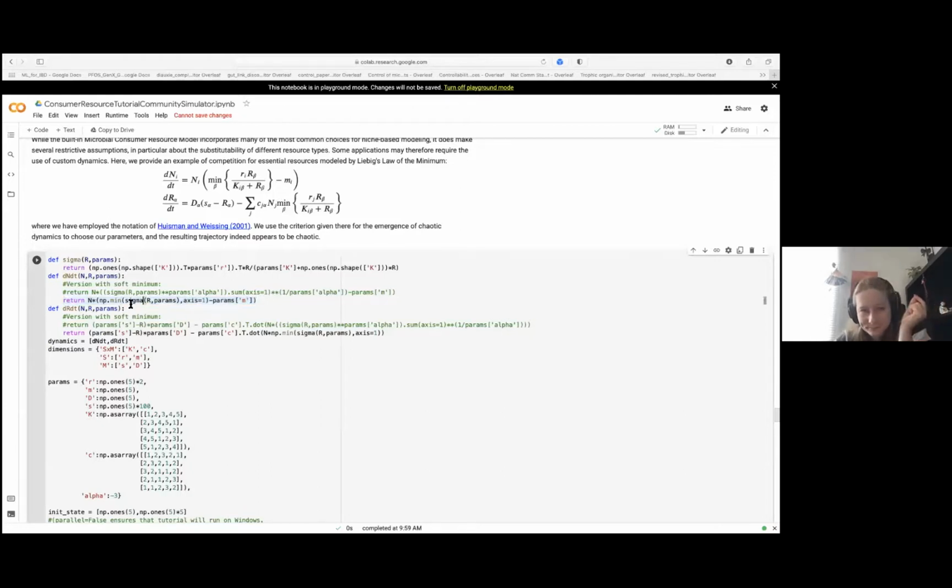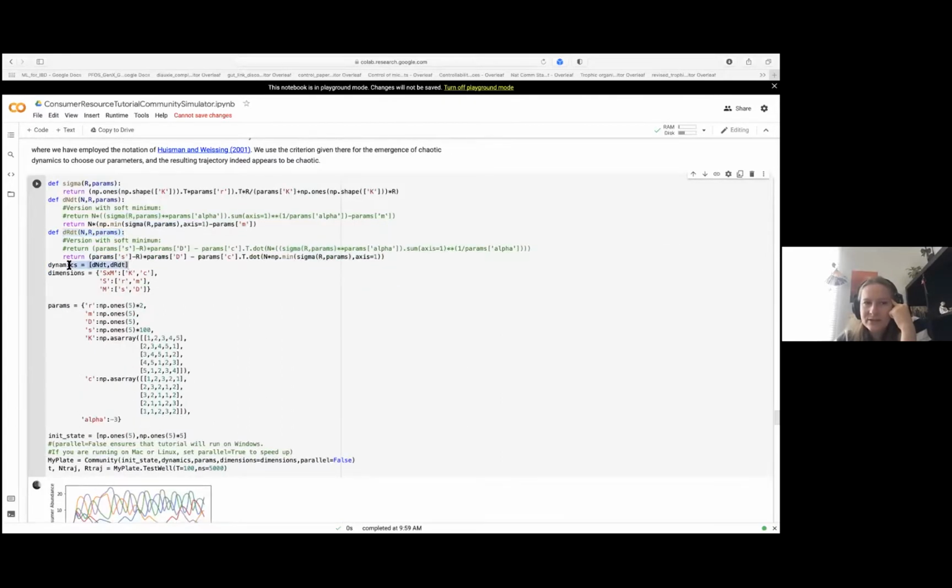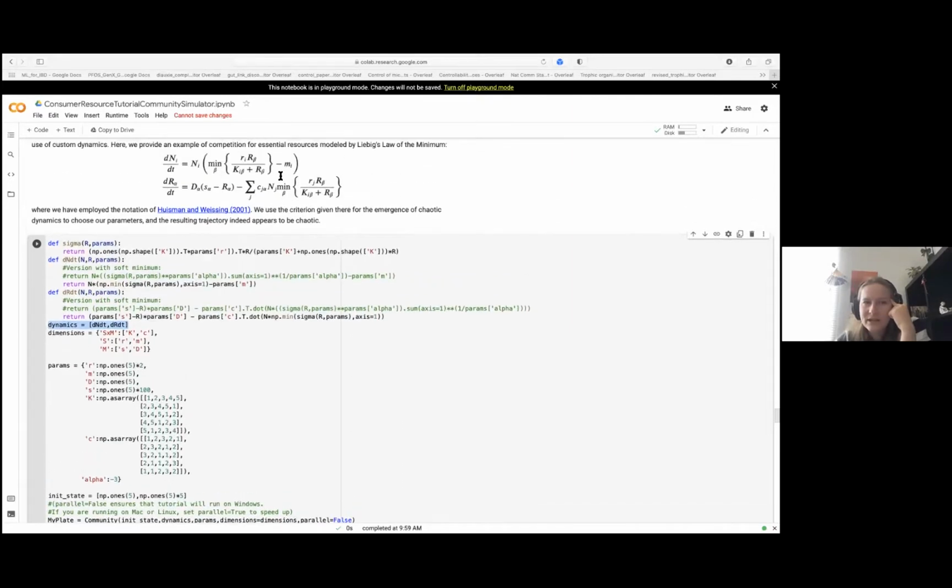This is the mean function, this is the sum of resources multiplied by corresponding parameters. The same you do for resources. Then you can just utilize those growth functions to define dynamics, specify some dimensions. You will have to specify some additional parameters for those growth functions that you want to use, and they show it here.